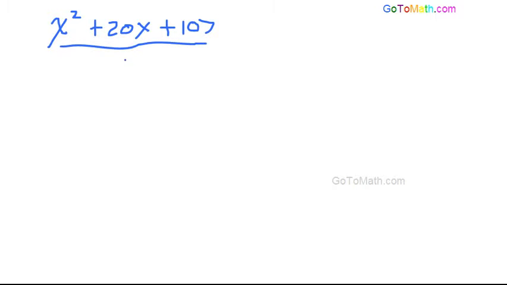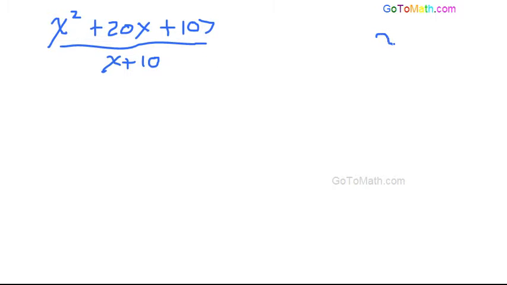So we have x squared plus 20x plus 107, and that's going to be all over x plus 10. Okay.